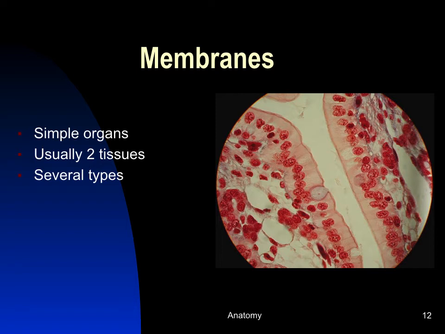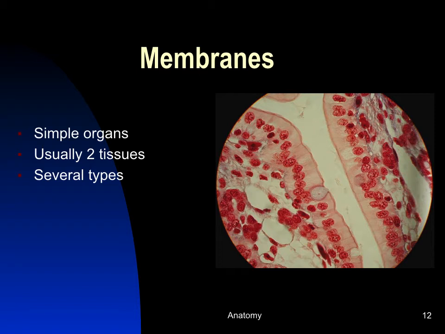And the simplest organs are referred to as membranes. Membranes have usually just two layers of tissue. This here is a picture of a tube that's lined by a mucous membrane. And you can see what's called a goblet cell there about halfway down in that mucous membrane that secretes the mucus. And there's this white area here, that's the free surface.